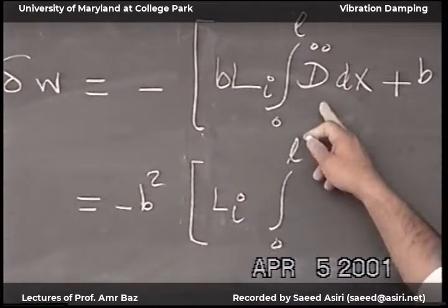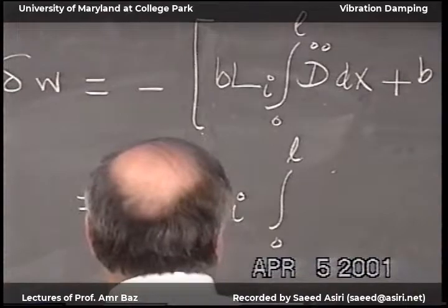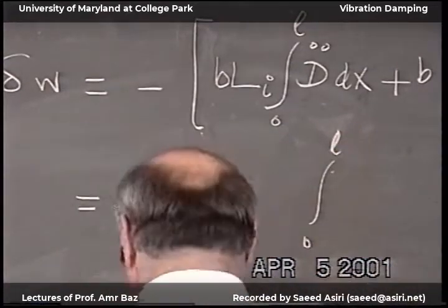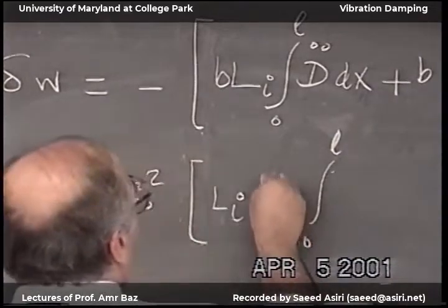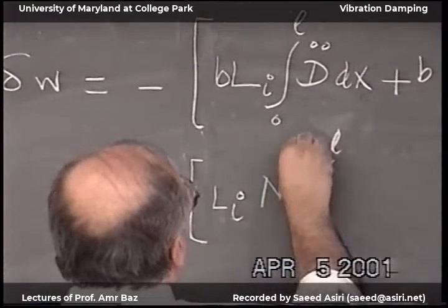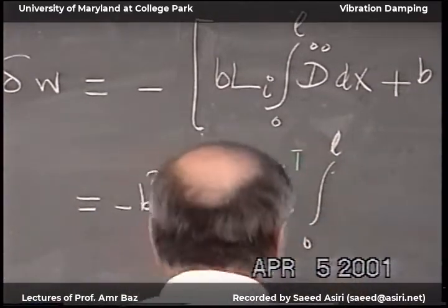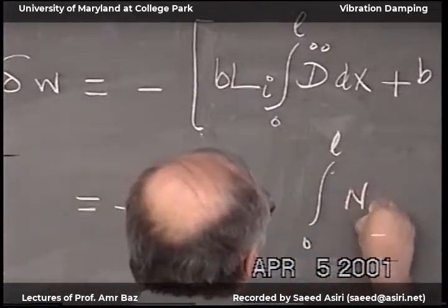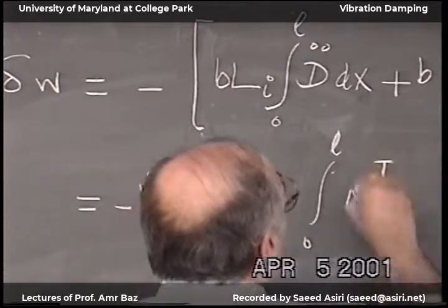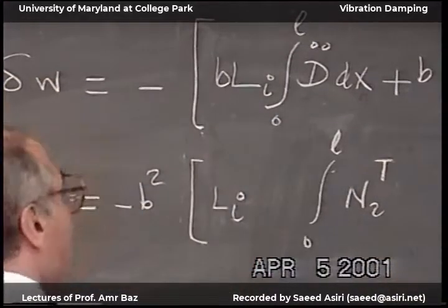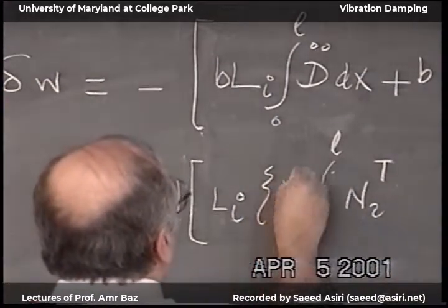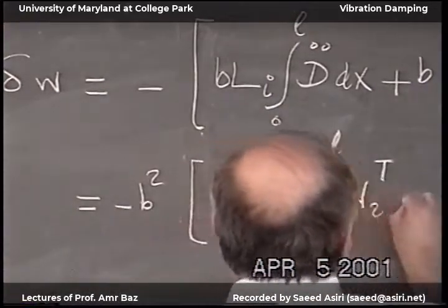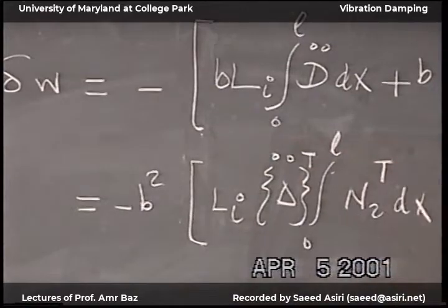Now D double dot, I can replace it by, for example, N2 transpose, and then we have delta double dot transpose dx.